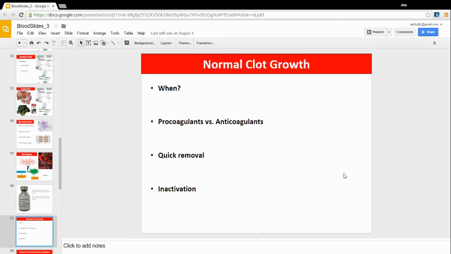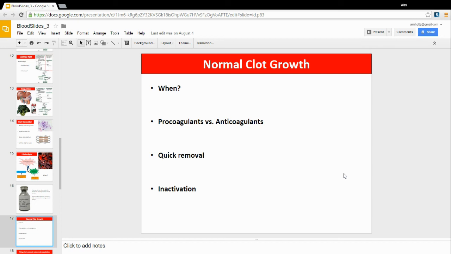So we always have a balance between procoagulants and anticoagulants. Under normal situations, the anticoagulants win and prevent any turning on of this process in normal healthy tissue.